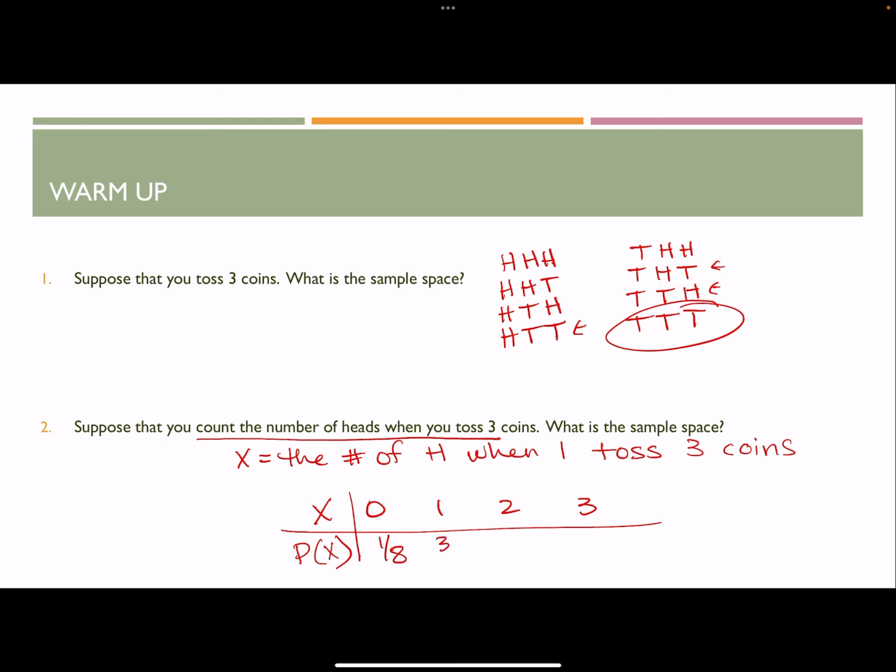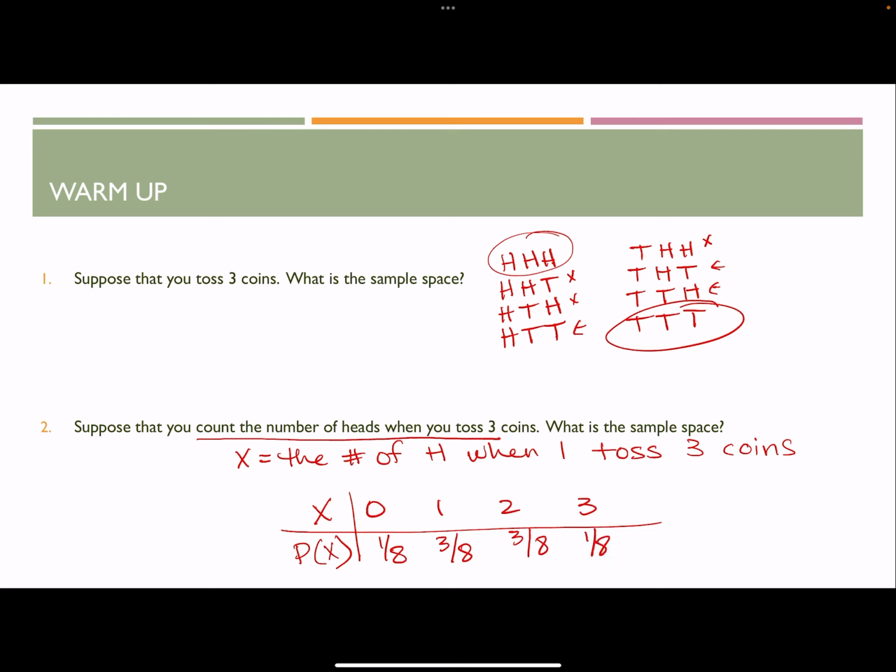So it would be 3 out of 8. And then 2 heads would be those 3 out of 8. And then 3 heads would be 1 out of 8.